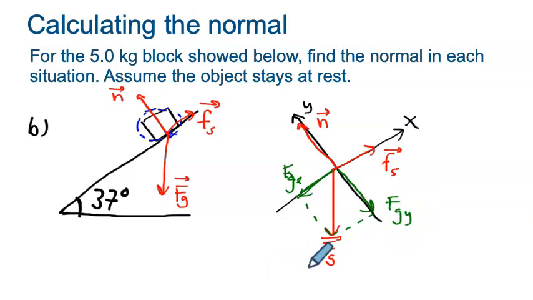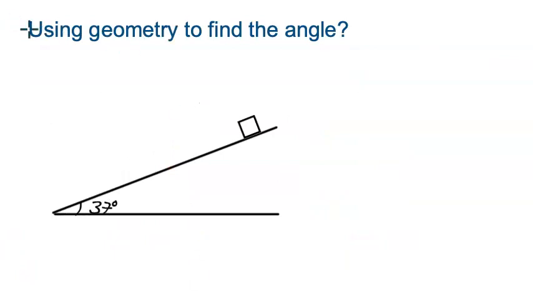And then the big question that always comes when we ask for an inclined plane is, where is the 37-degree angle? Is it in here or is it in here? So in the next two slides I'll try to demystify this so that you don't make that mistake ever again. We can use geometry to find the angle, a simple thing that you've seen in high school. So let me draw the Fg vector.